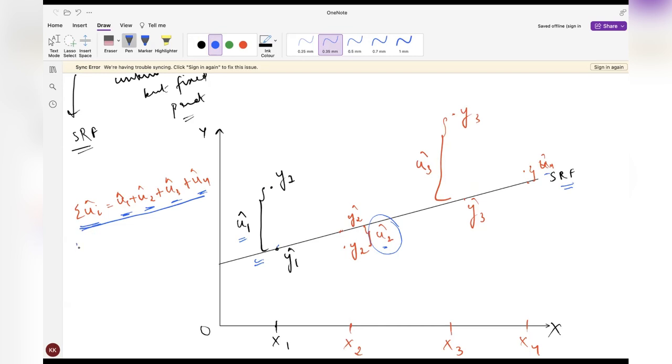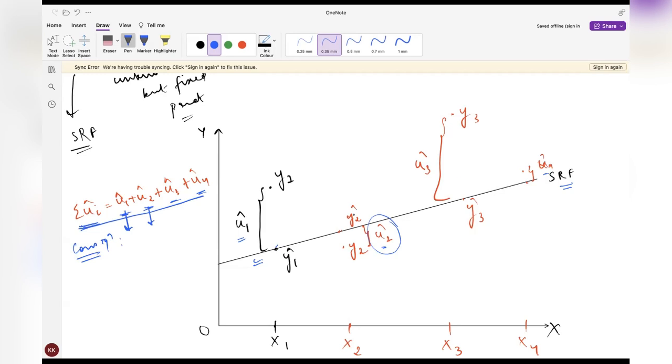And also, one of the consequences of taking the sum of the residual terms is that this can be positive, negative, any values. And in the long run, what can happen is that our positive and negative values can cancel each other out, or the sum can be very small, even though they are widely scattered.